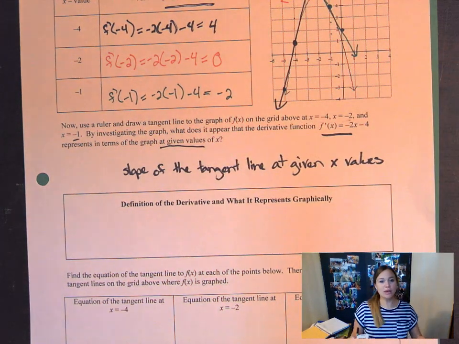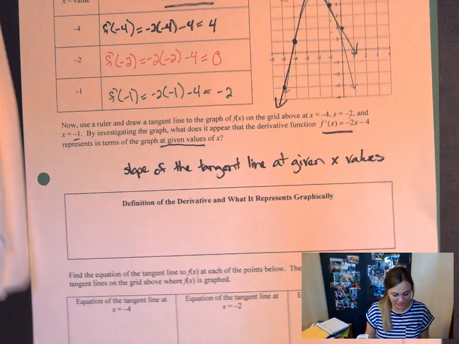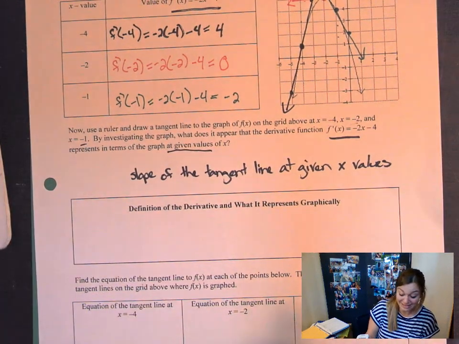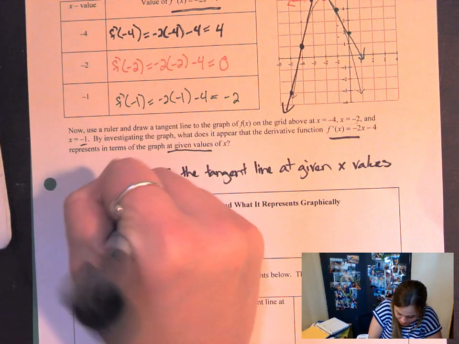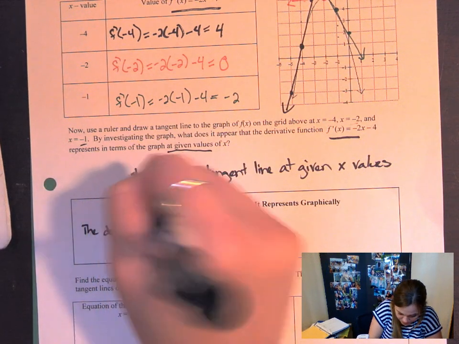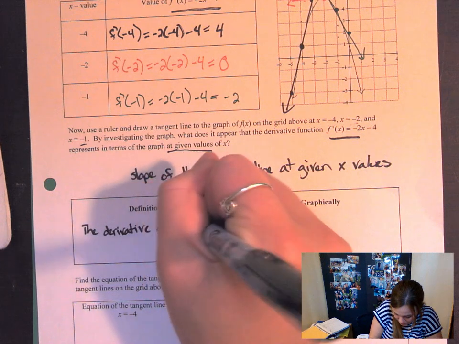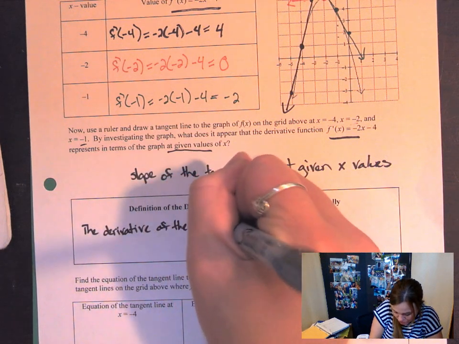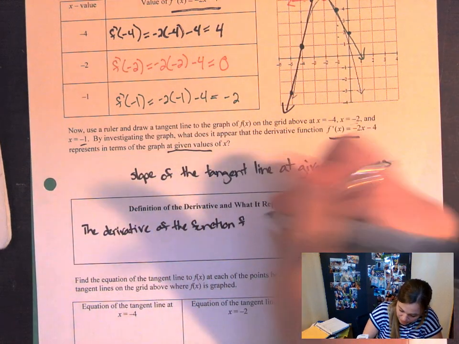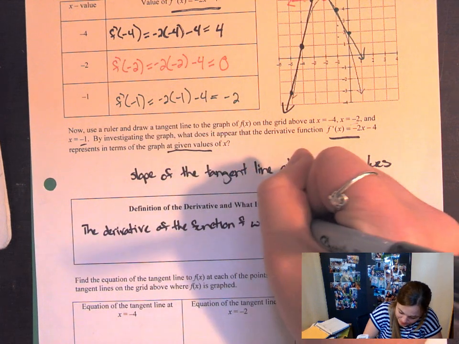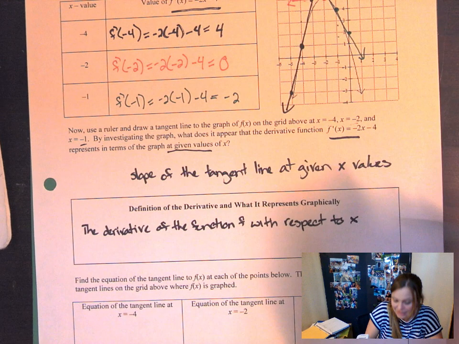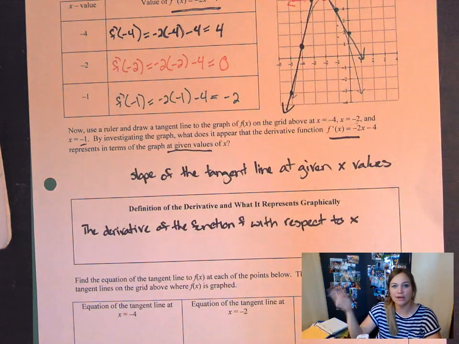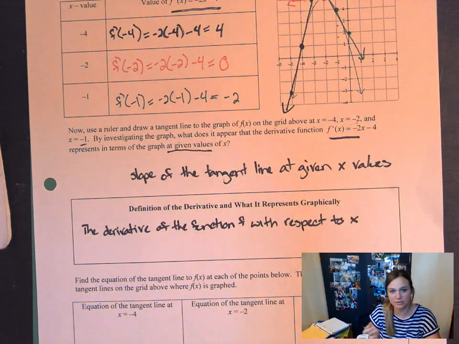And so if I'm talking about the definition of derivative and what it represents graphically, I'm going to say the derivative of the function f with respect to x. All that means is there's some input of x, you get out the function f, just function notation.